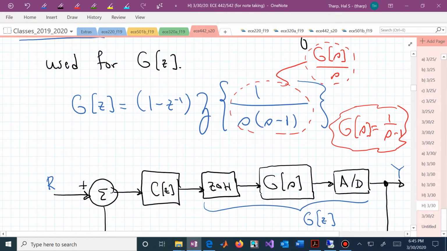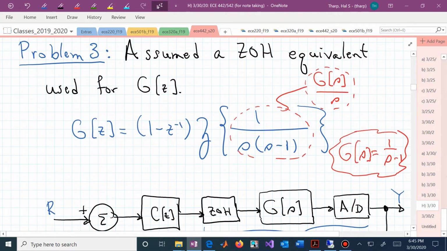Now you have G of z. Well, you can now find the Z transform of G of s over s. Now you're looking to find 1 over s(s minus 1). If you can find that in a row in this Laplace Z transform table, you could then immediately write down what this expression produces.